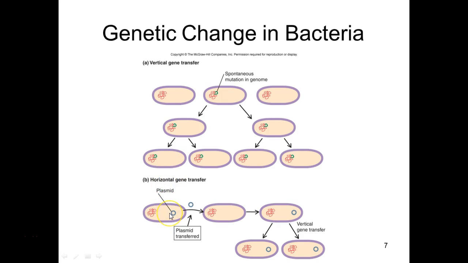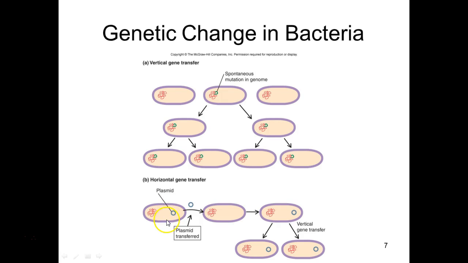Here's an example of horizontal. One of the common genetic pieces that will move in horizontal is actually a plasmid, right? So not even some from the chromosome, but one of those circular pieces of extra DNA that might contain antibiotic resistance on it, right? Or how to make that damn Shiga toxin. I don't know if that's chromosomal or plasmid, though.